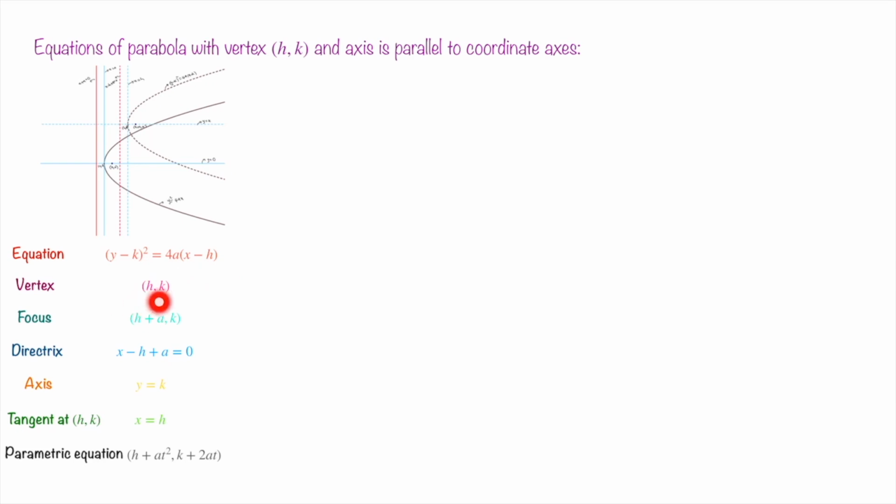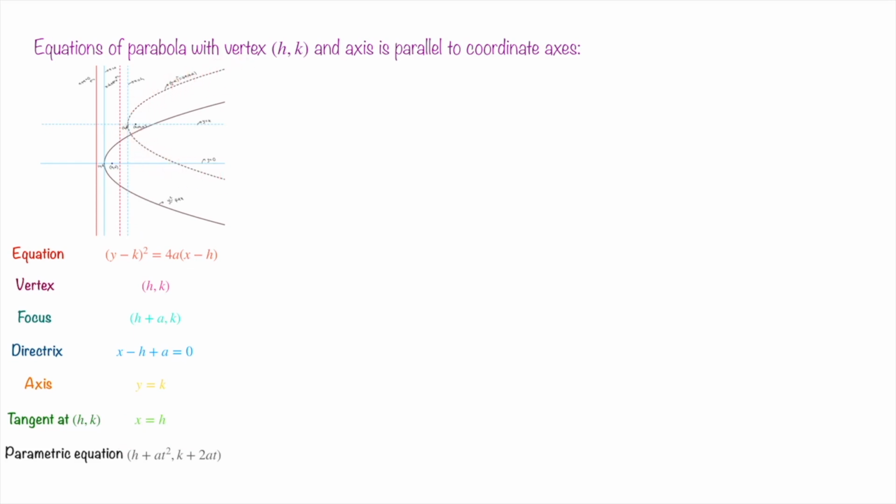The vertex is (h, k) and the focus is (h plus a, k). The directrix is x minus h plus a equal to 0, which is the vertical line, and the axis is y equal to k, which is the horizontal line. The tangent at (h, k) is this vertical line x equal to h. This (h, k) is the vertex of this parabola.